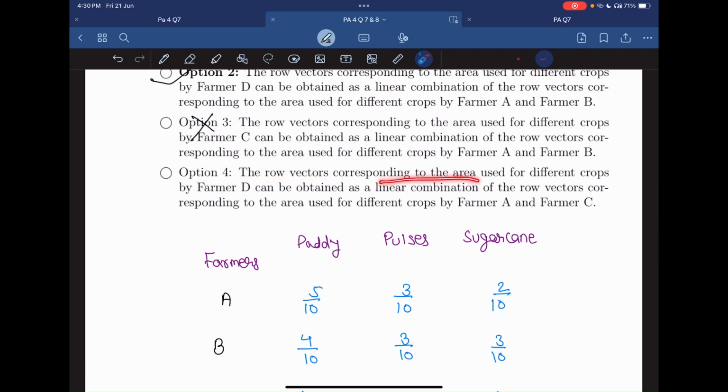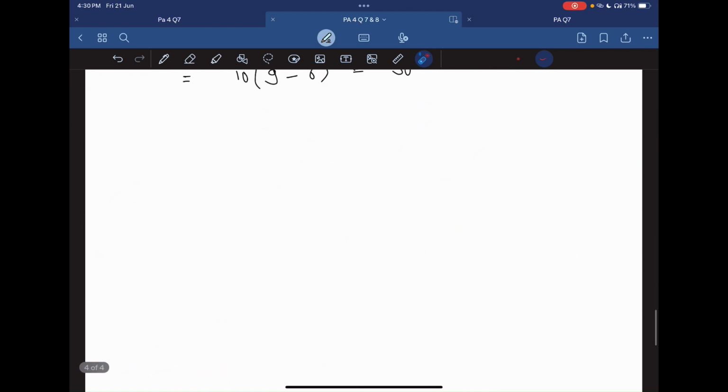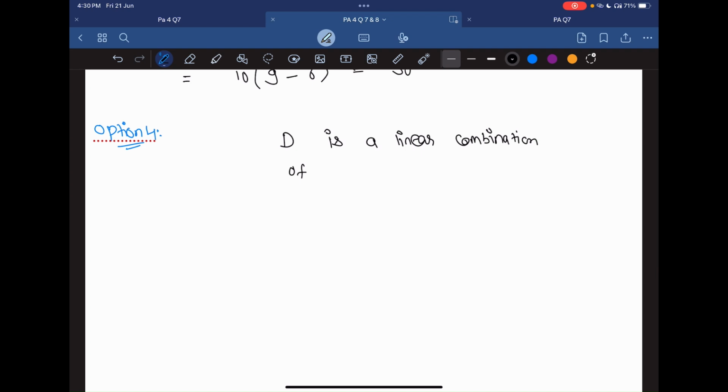The row vector corresponding to the area used for different crops by farmer D can be obtained as a linear combination of the row vector corresponding to the area used for different crops by farmer A and B, A and C. So similarly as we did in option 3, now we need to check whether D is a linear combination of A and C or not.